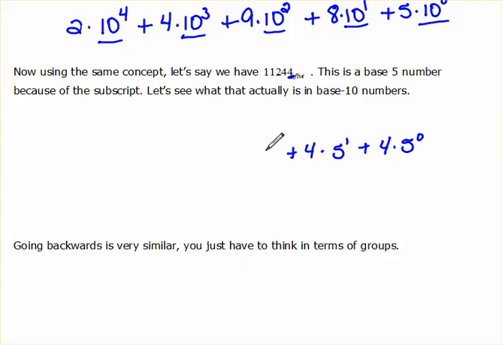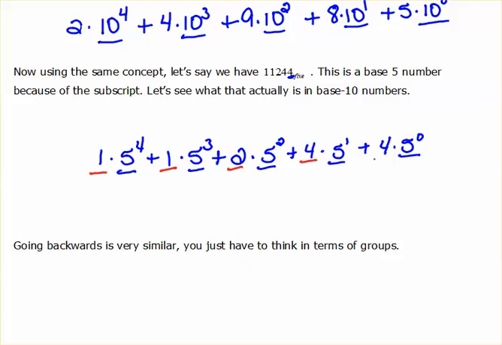Plus, the next place value would be 5 squared, so then there's a 2 in that position, plus, and then the next position would be 5 cubed, and there's a 1 in that position, and then the next place value would be 5 to the fourth, and there's a 1 in that position. So each one of these represents the place value, and each one of these represents the number in that place value.